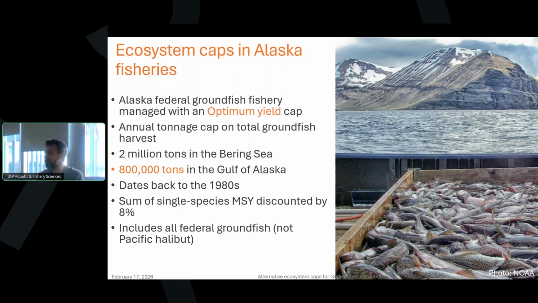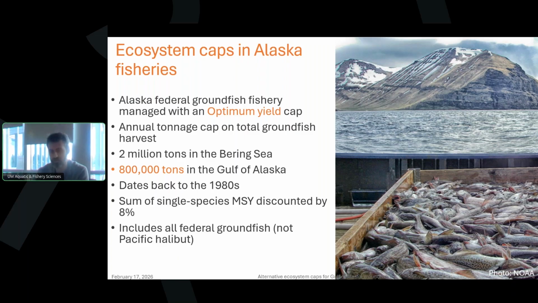For a bit of history, for those that are less familiar, these go way back. I think they were first talked about or established in the late 1980s. The way that this was done back then, or what I could trace on the topic at least, was a sum of single species MSY, in so many words, discounted by some amount to account for the fact that you can't simultaneously achieve maximum yield for all stocks, conceivably at least.